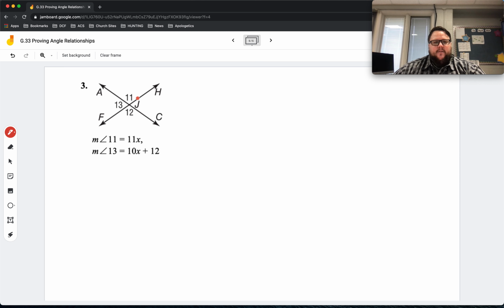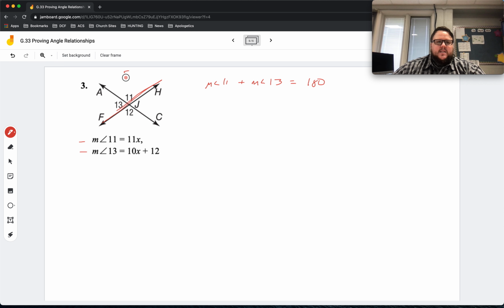All right, so we have 11, 13, and 12. They give us measure of angle 11 and measure of angle 13. So I'm looking at 11 and 13. They form a line. So we got measure of angle 11 plus measure of angle 13 equals 180.